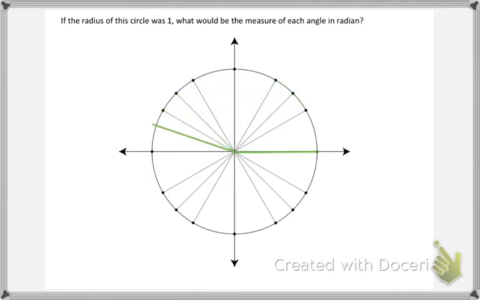And all of these angles, what is their measure in radians? Okay, so let's start with the fact that this is going to be 0 degrees and 0 radians because there's no angle that is formed.